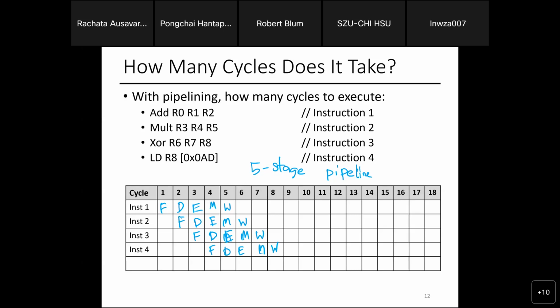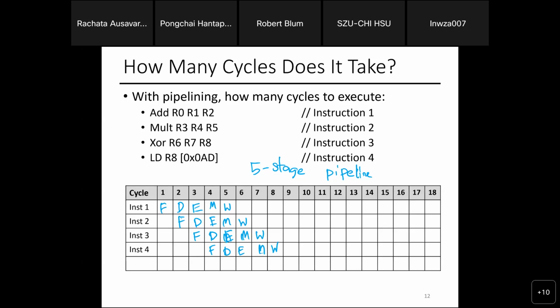So on average, in the ideal world, my CPU can finish 1 instruction per cycle, which is the same benefit as single-cycle architecture, but now my clock is way faster. Because I don't have to support complex operations within one clock, I have a cheap pipeline, and then I get a lot of speedup, right?